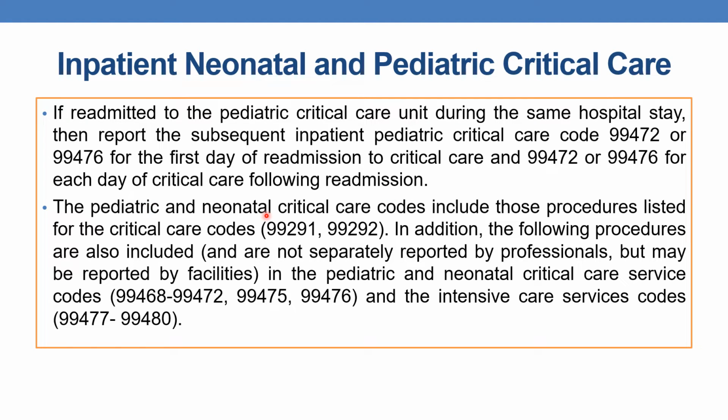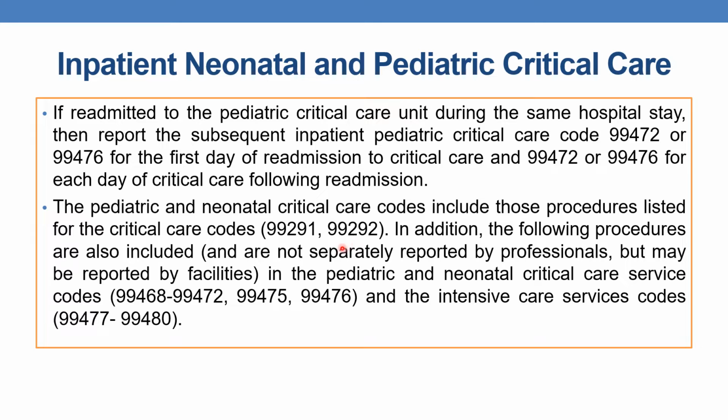The pediatric and neonatal critical care codes include certain procedures. Now let us discuss which procedures are bundled. The pediatric and neonatal critical care codes include those procedures listed for the critical care codes 99291 and 99292.